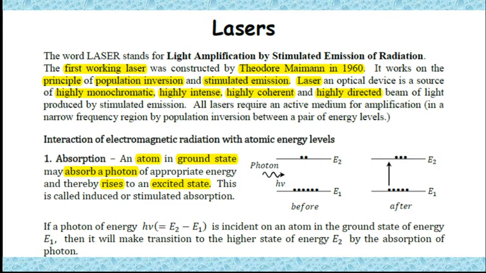To study this in detail, we are considering a two energy level system. One is the ground level or ground state, and the other is the higher level or excited state. Let the ground level have an energy E1 and the excited state have an energy E2.